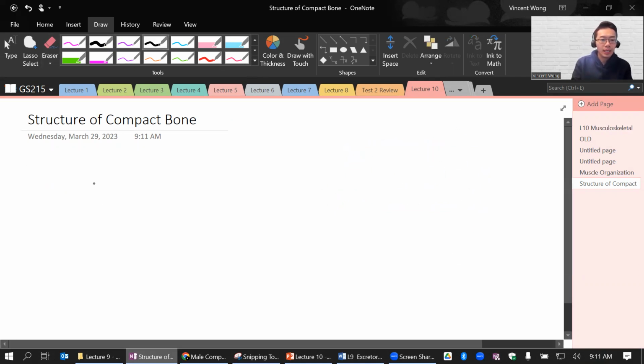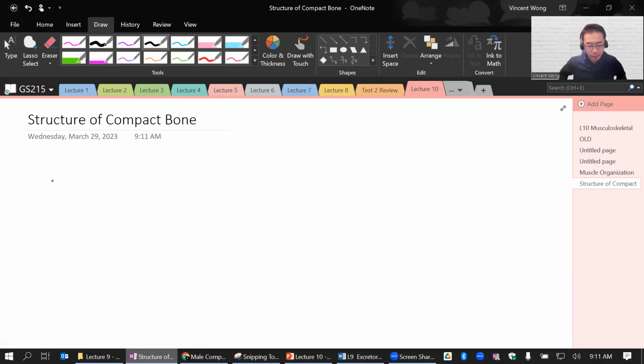So, long bone. What are examples of long bone? Okay, we'll talk more about that later, but long bones are basically bones that are rectangular in shape. It doesn't have to be long, okay? Like in your fingers, you have 5 bones here, 1, 2, 3, 4, 5. Those are considered long bone as well, okay?